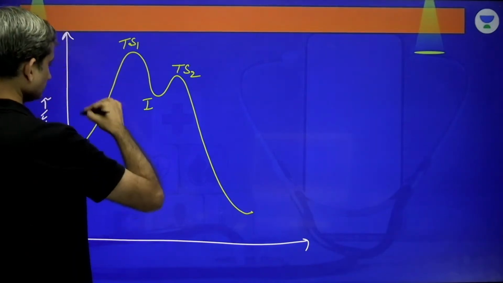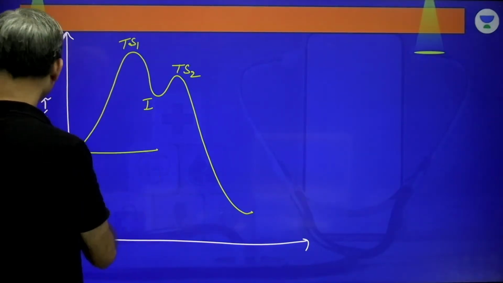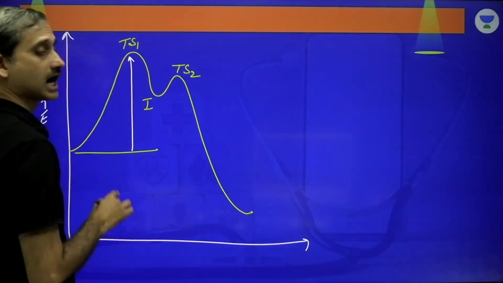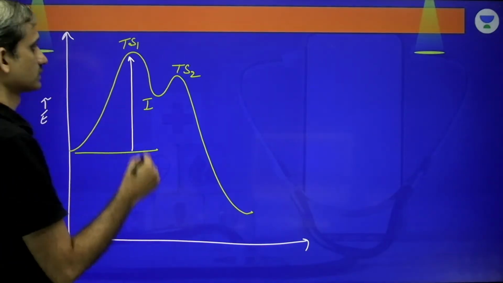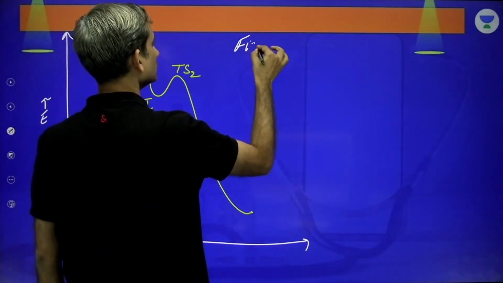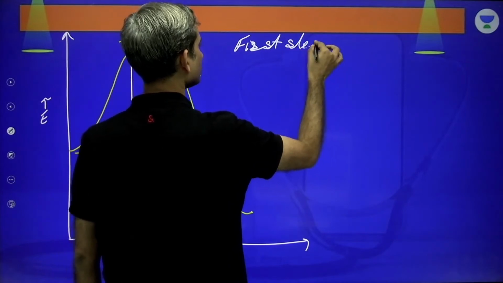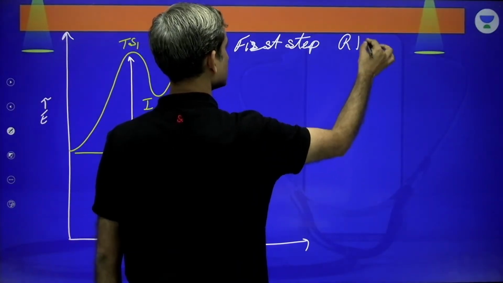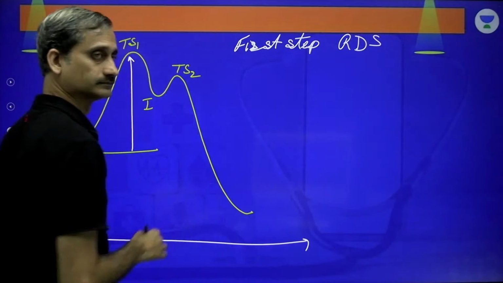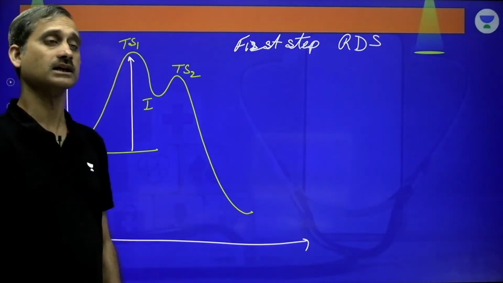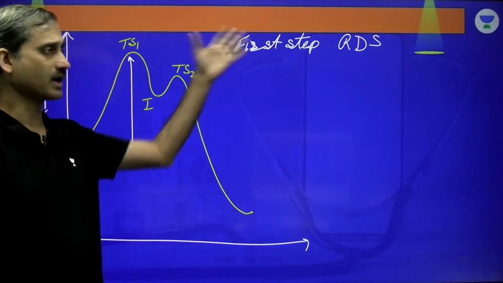Fine. So this step requires the highest energy. So the first step is the rate determining step. First step is the rate determining step, which requires the maximum energy.